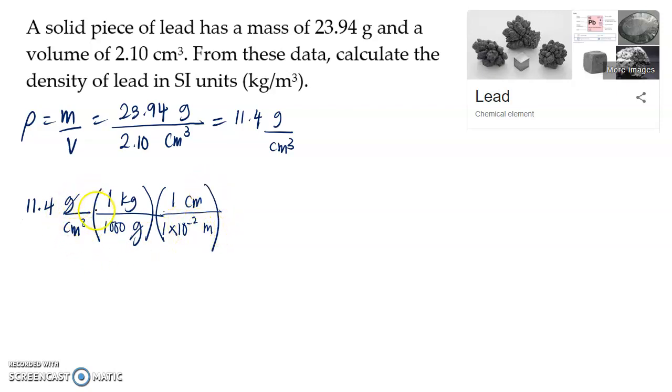However, as you can see here, cm is to the power of 3. So what we can do is give power of 3 to this conversion, and then give power of 3 to each of the parameters inside the parentheses.